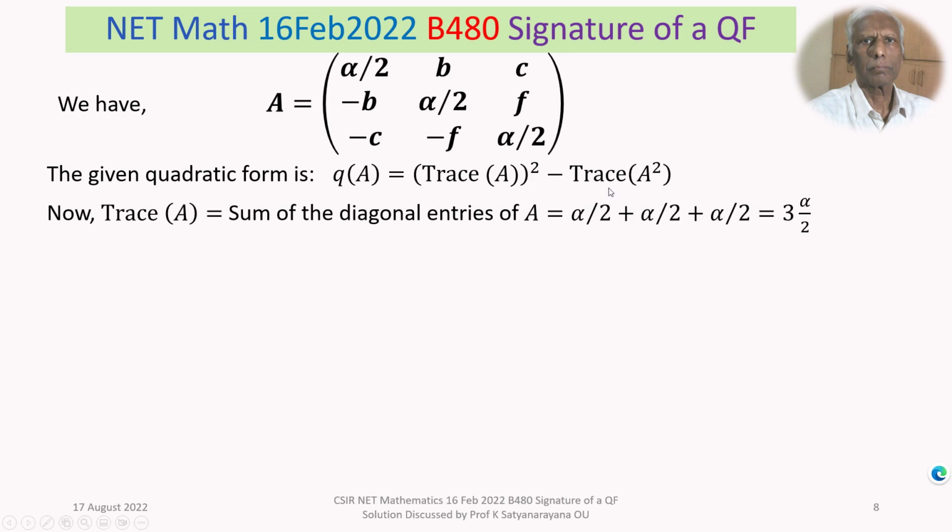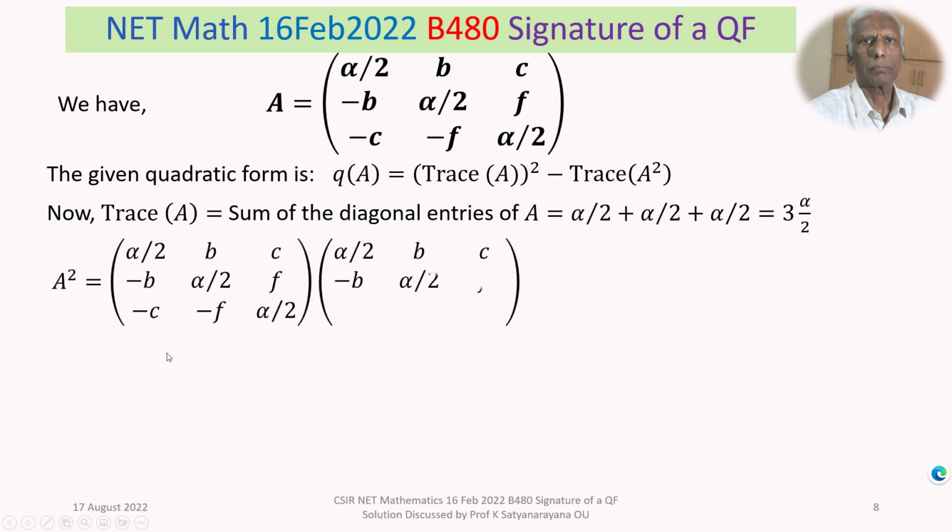And to get the trace of A square, first of all let us compute A square, A into A. Now what we want is the trace of A square after multiplication. What is the sum of the diagonal entries? So we just compute the diagonal entries only. The first is first row, first column, the second is second row, second column, and the third is third row and third column.